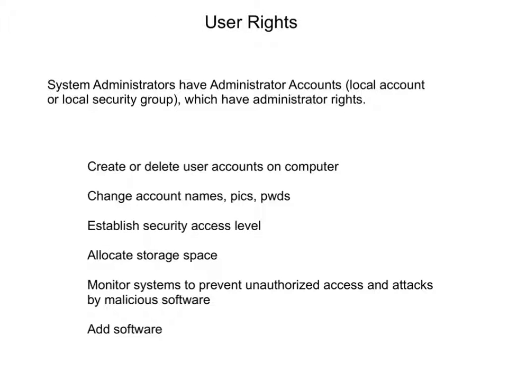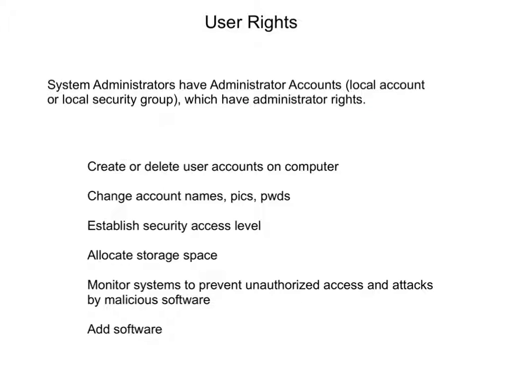Computer systems' operating system also allows you to set limitations to protect the data on the computer. This is why we have system administrators. System administrators are people who have administrator accounts, which is really just a local account or security group that has administrator rights.